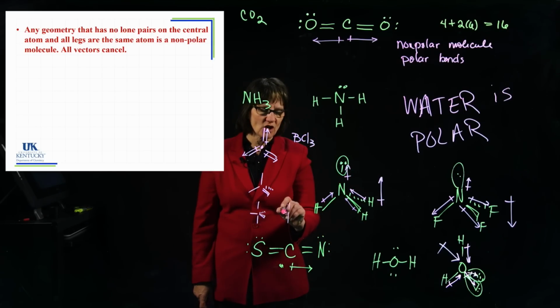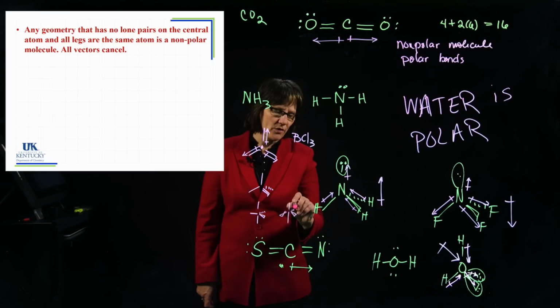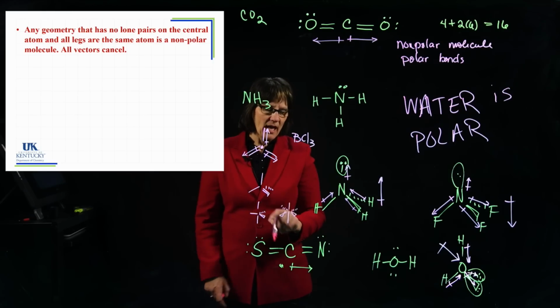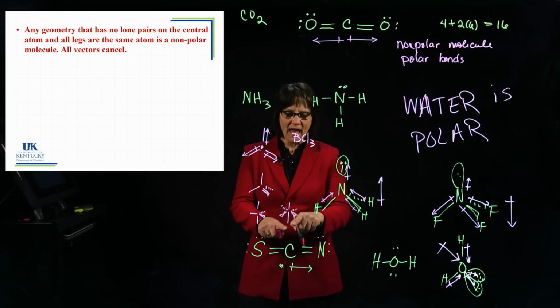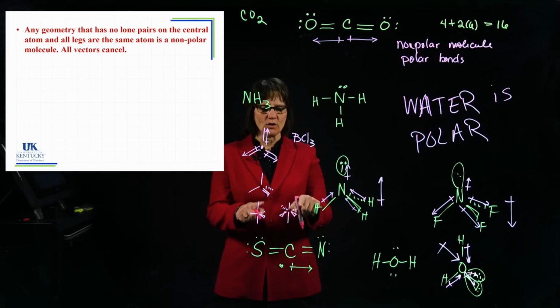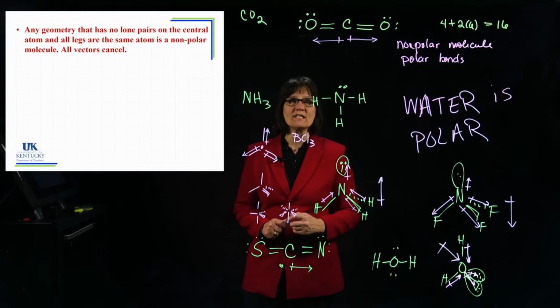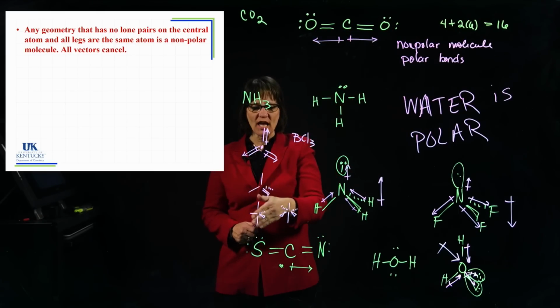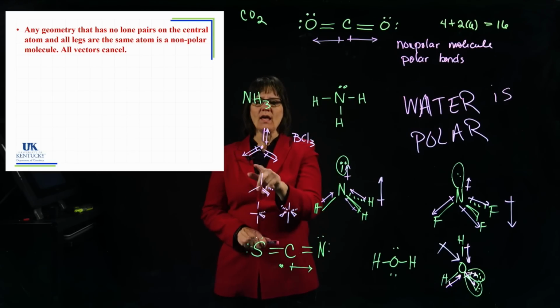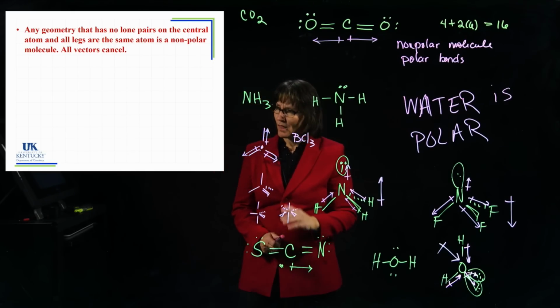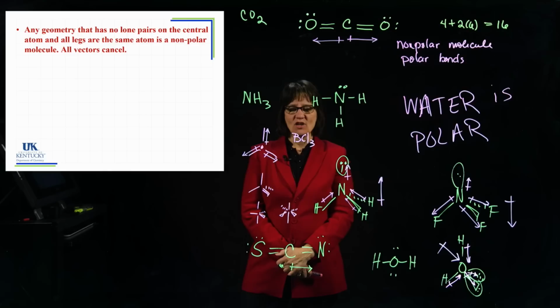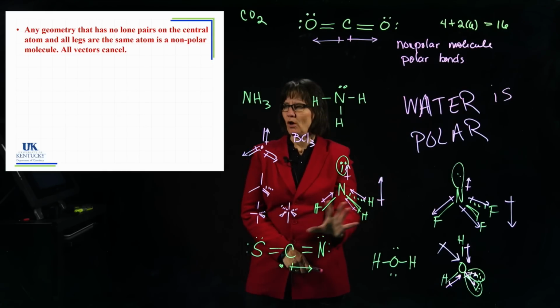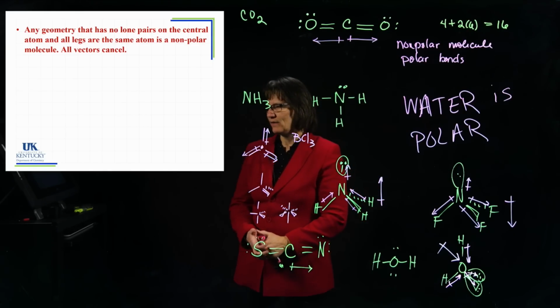So these are our geometries that we have learned where there are no lone pairs. An octahedron, if all the atoms are the same atom around it, will be nonpolar. So as soon as I've drawn a Lewis structure, if I notice that I have one of these shapes and there's no lone pairs and all the atoms are the same atom, then I know instantly that it is nonpolar without having to do all the vector work that we see right there.